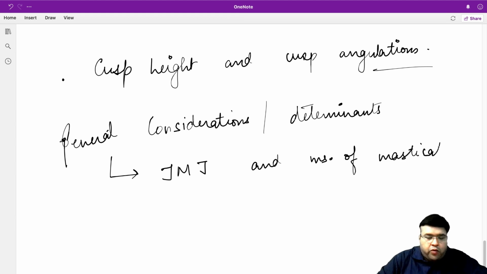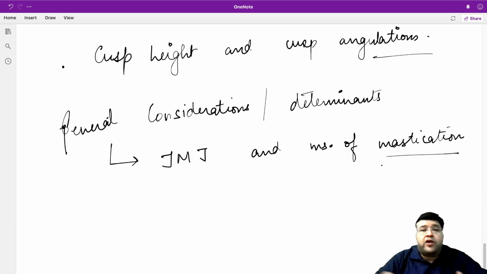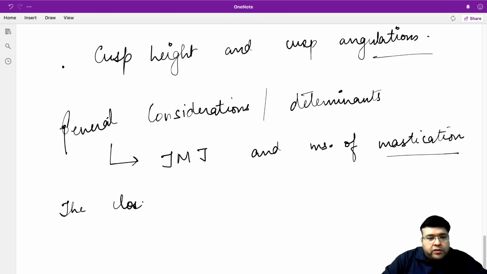That is what we are looking at when we are talking about the general determinants. To record a centric relation, you require these determinants. Now, these determinants cannot be altered, but what you need to understand here is that there are anterior determinants and there are posterior determinants.